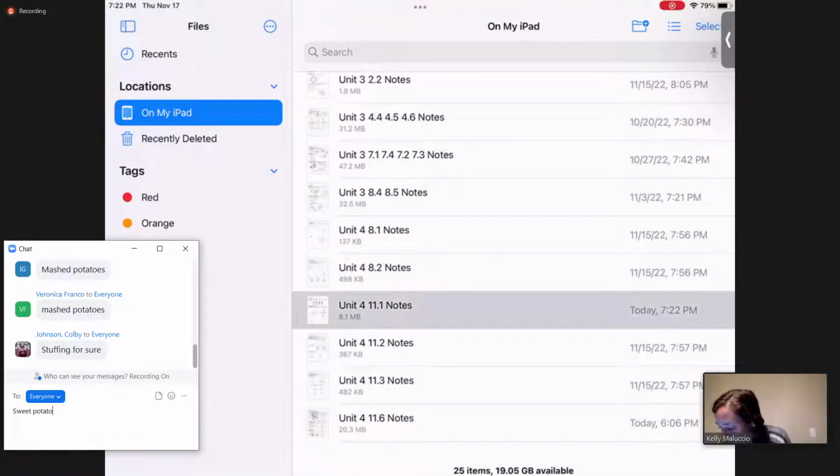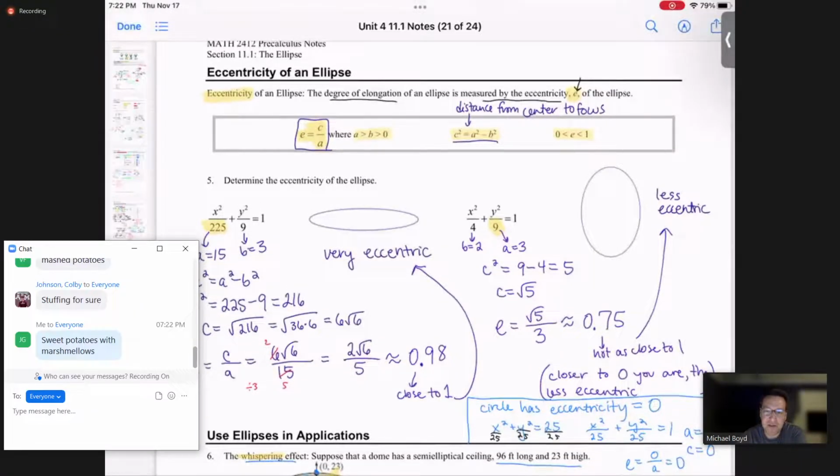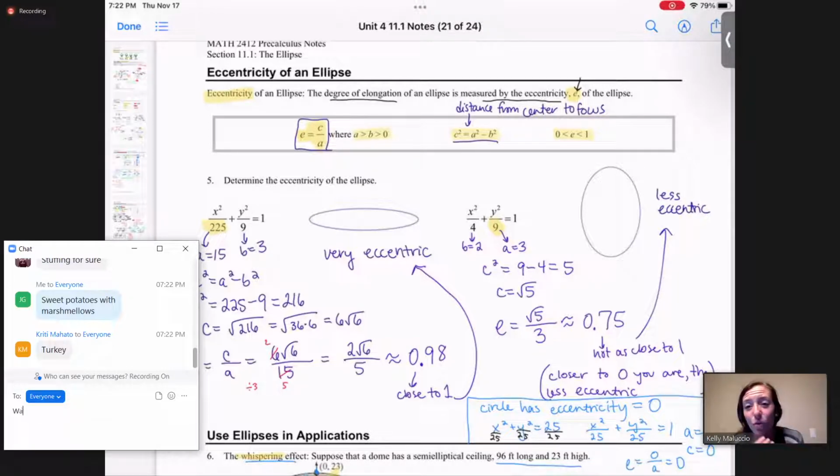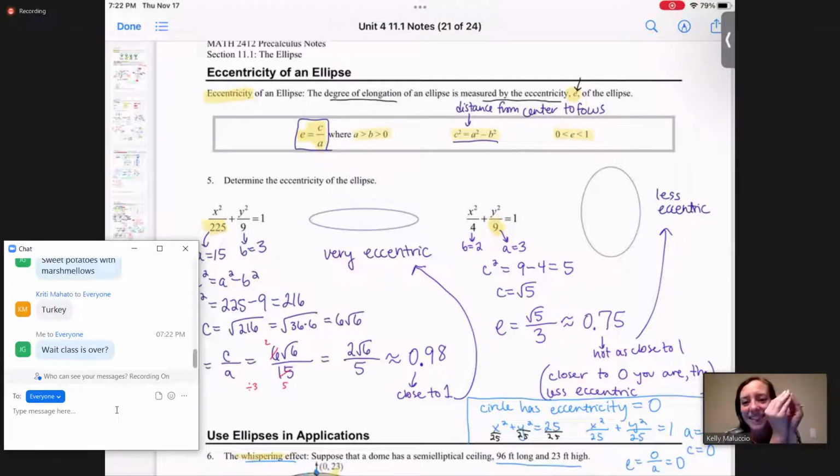Well, going back to number 5, one of the interesting things about eccentricity is that the closer the foci are to the center, the more like a circle it is. Because a circle is either not at all eccentric or perfectly eccentric, right?